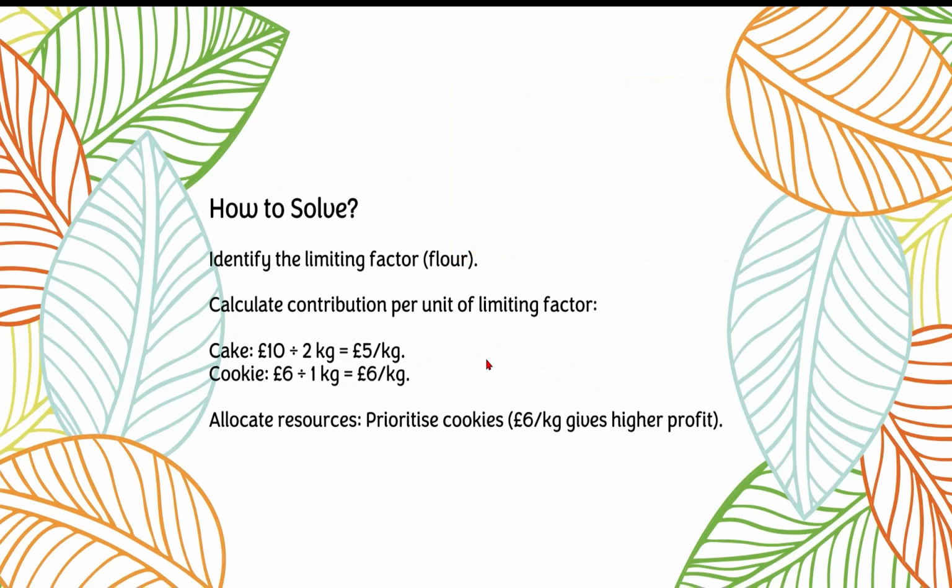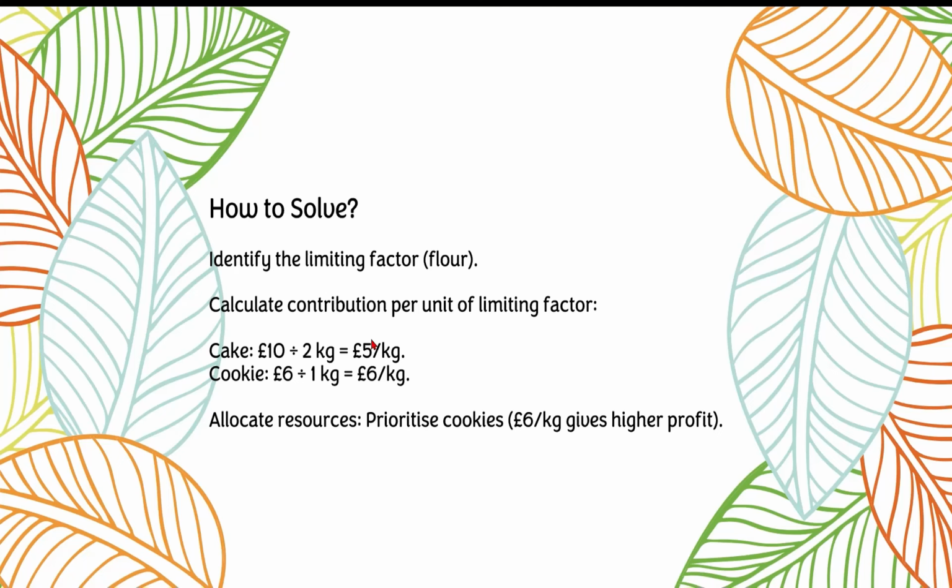After calculating the contribution, the next step is to calculate contribution per unit of limiting factor. In our case, limiting factor is flour, and for the cake, the contribution is 10 and cake uses 2 kg of the flour. So 10 divided by 2, it's 5 per kg. Similarly, for the cookies, contribution provided by the cookie is $6 and the flour used by cookie is 1 kg, so dividing these two will give 6 per kg.